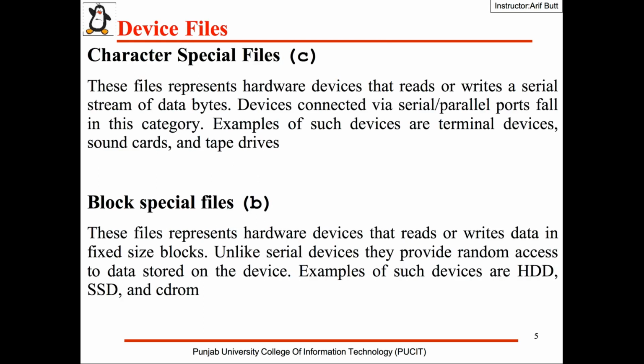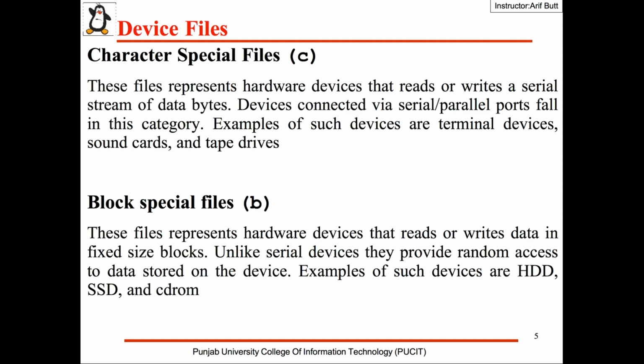Well, a character special file actually represents hardware devices that read or write a serial stream of data bytes. Devices connected via serial or parallel ports fall in this category. Examples of such devices are terminal devices, sound cards, and tape drives.